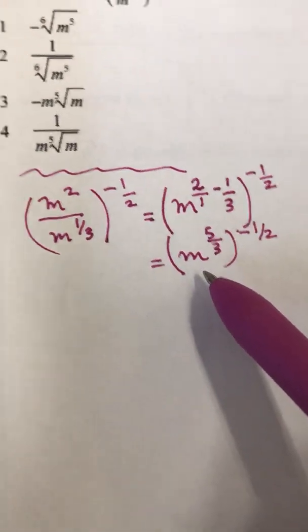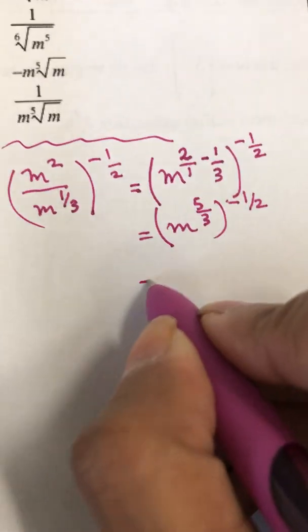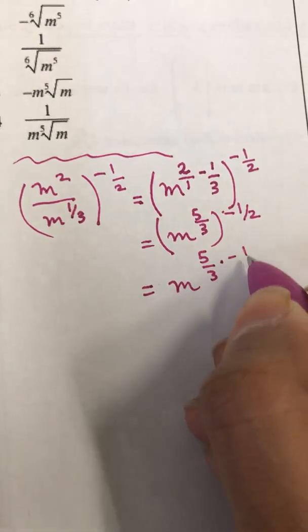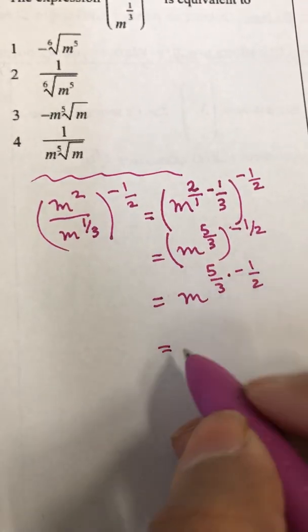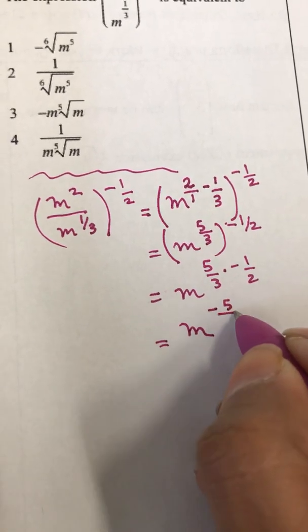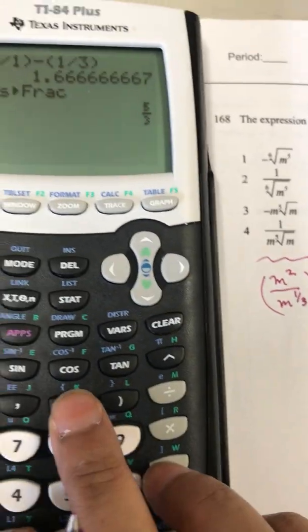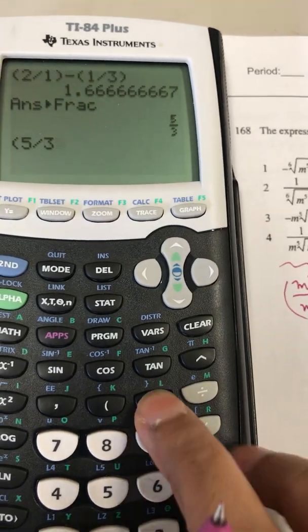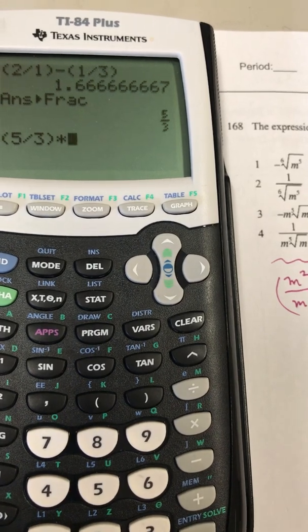Great. My step 2 now would be to apply the power rule, meaning m to the 5 over 3 multiplied by negative a half. With multiplication, the numerator gets multiplied with the numerator, denominator with denominator. So here it's negative 5 over 6. And you can also do that on your calculator. So 5 over 3, open parentheses, 5 divided by 3, close parentheses, and then multiplication, and then it's negative a half.